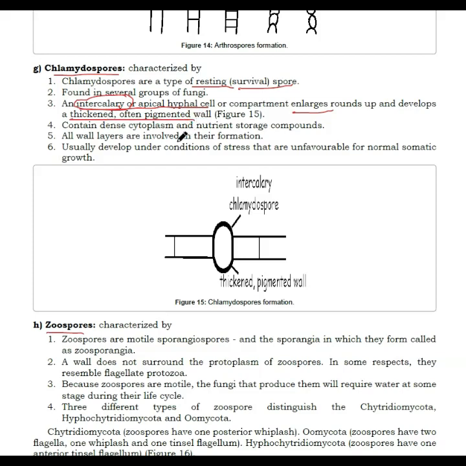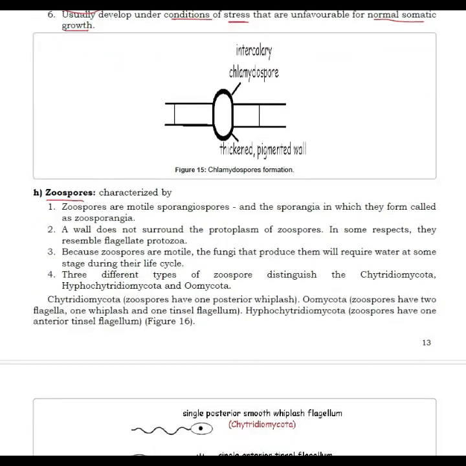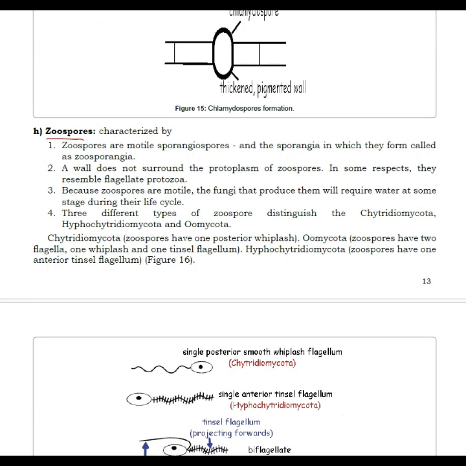They have dense cytoplasm, more nutrients, and all the layers are involved in spore formation. So remember, only one layer we generally saw in porospores, and here an altogether new layer of the spore is seen in phialospores, and they develop under stress conditions that are unfavorable for normal somatic growth. Under stressed conditions, these kinds of survival spores are formed where intercalary cells take part in the spore formation.